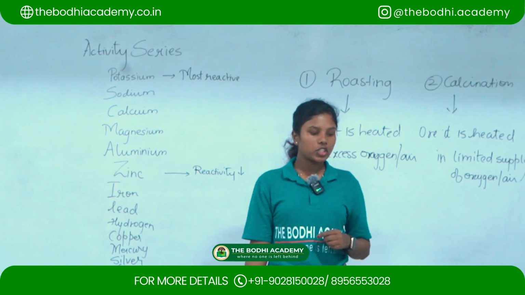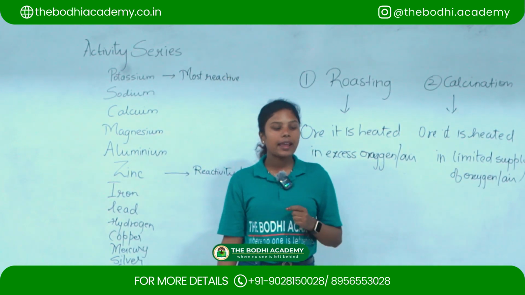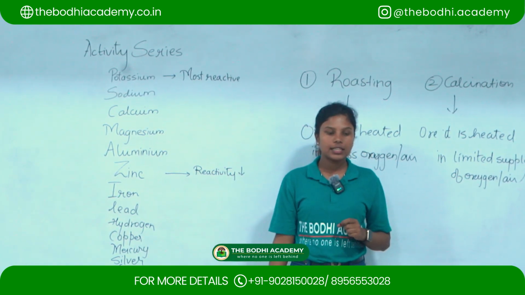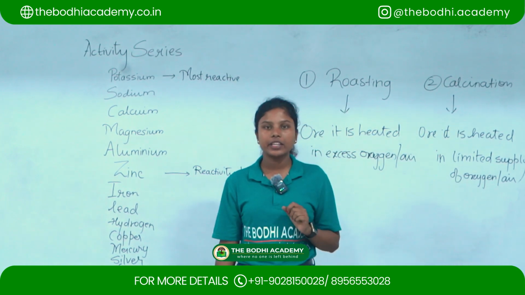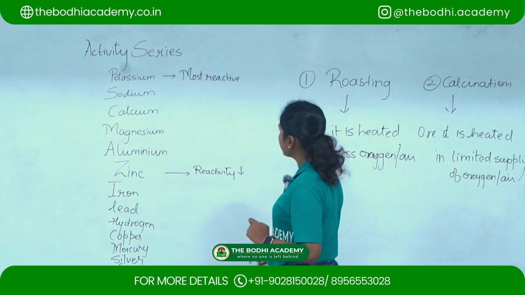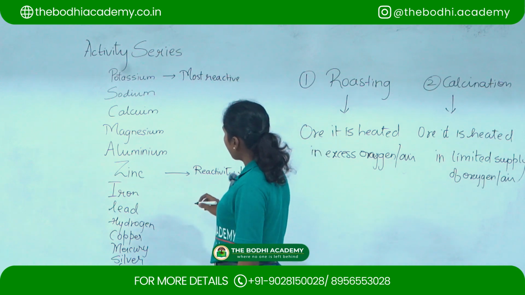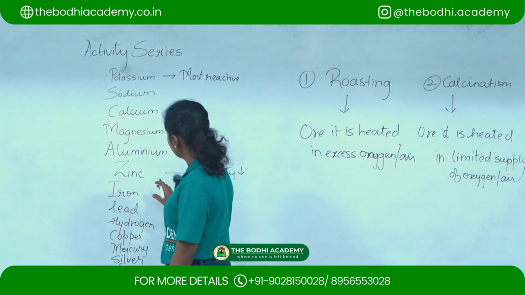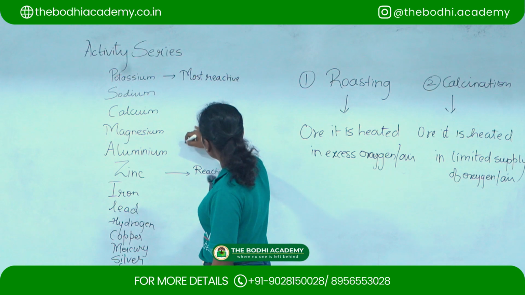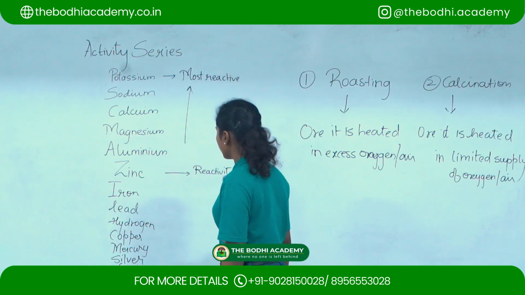Now, the second question is: metals high up in the reactivity series cannot be obtained by heating with carbon. Let's look at the reactivity series. We are talking about the most reactive part over here.